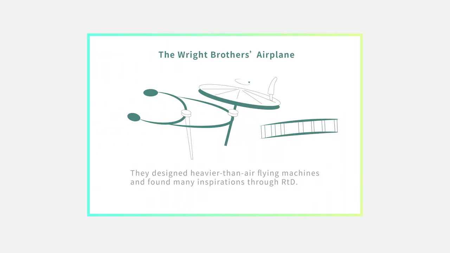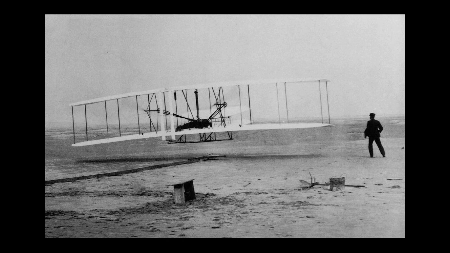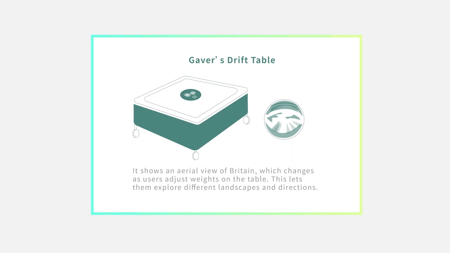The Wright brothers' airplane. The Wright brothers are famous for inventing the airplane, described in their patent as a heavier-than-air flying machine. Their work predates modern design schools by over a century, but we include them because they tackled challenges in ways similar to RTD. Gaver's drift table.